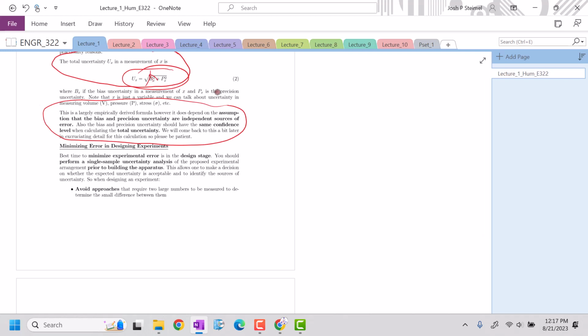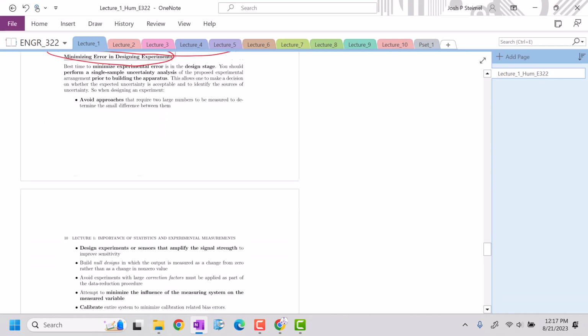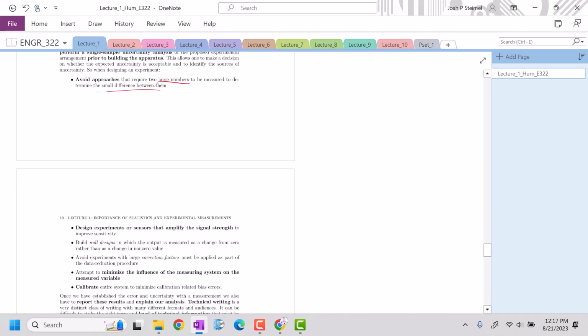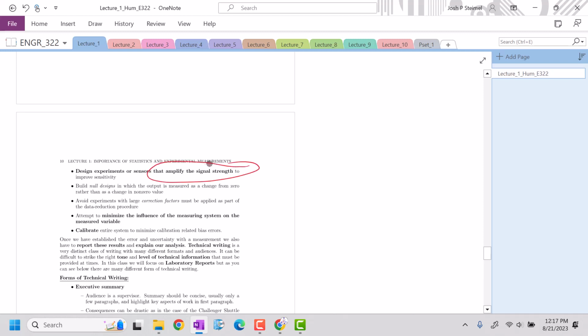Now, we want to have the most robust and precise measurement system when we design an experiment. So before we perform an experiment, we want to try to minimize these errors. There's a couple of approaches that we can take. We want to avoid approaches that require measuring very large numbers to determine the small difference between them. We want to amplify signal strengths to improve sensitivity. We want to filter out noise.